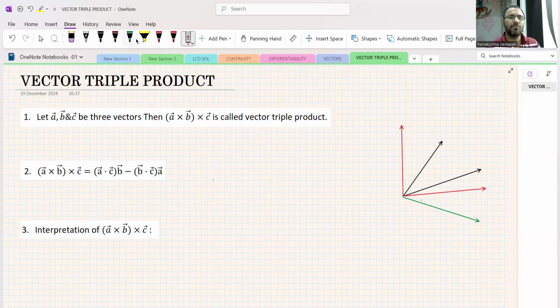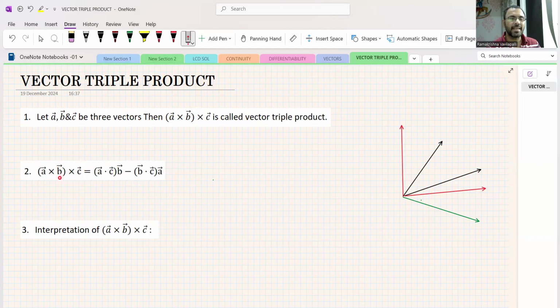Now how do we define this vector triple product? A bar cross B bar cross C bar. How to take? First you take the dot product of the farthest ones, that is A dot C, into B bar vector.